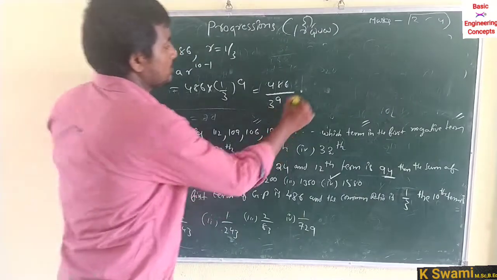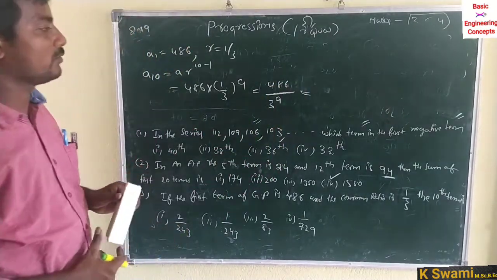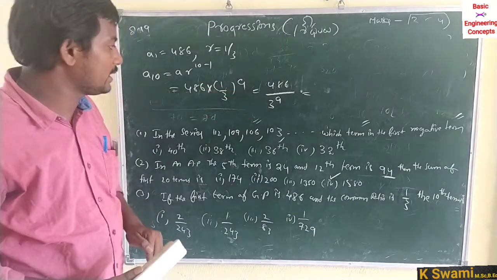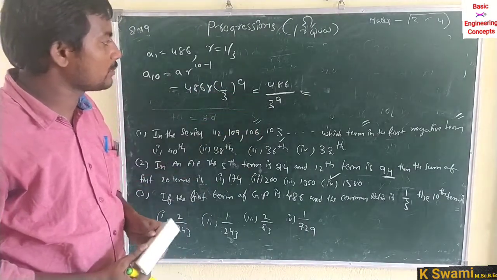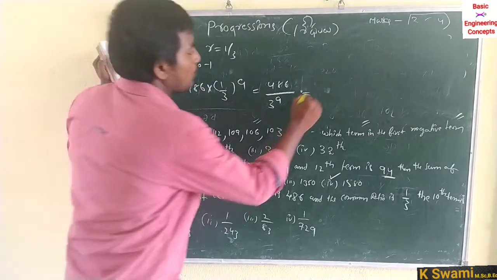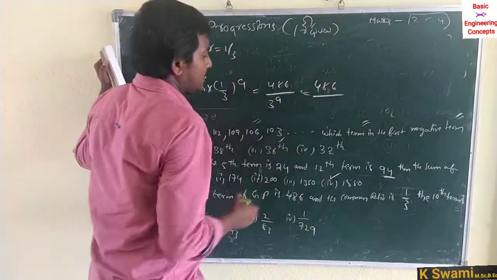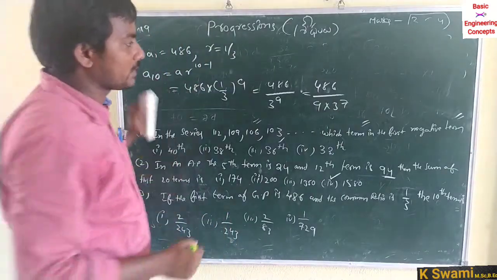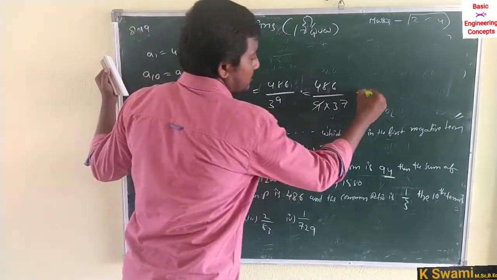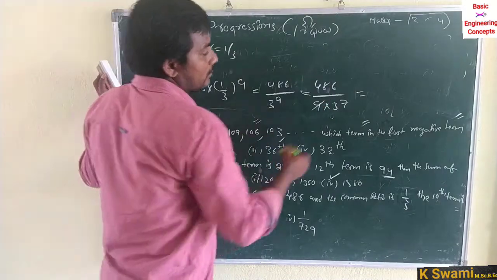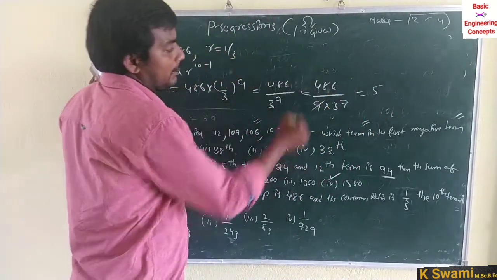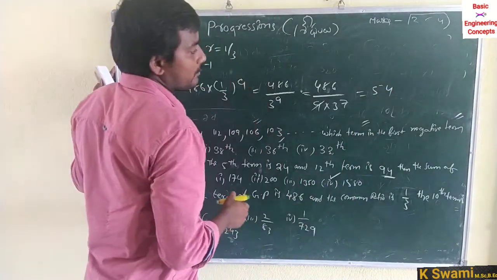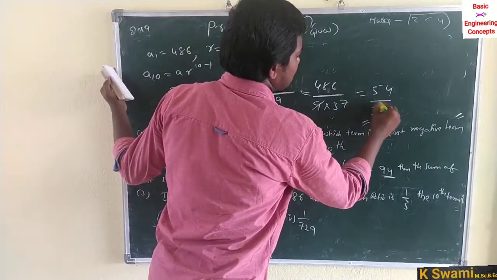486 is completely divisible by 9, and 3 power 9 is also divisible by 9. So 486 by 9 into 3 power 7. 9 times 54 is 486, so 54 by 3 power 7.